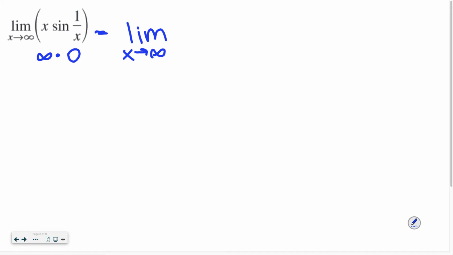Yeah, we can move it down. So we can say that this is sine of 1 over x divided by x to the negative first. So now we've forced it to have a negative exponent, just because we need the fraction. And x to the negative first is the same thing as 1 over x. This might help you see what's happening more clearly. So we have an indeterminate form of 0 over 0.